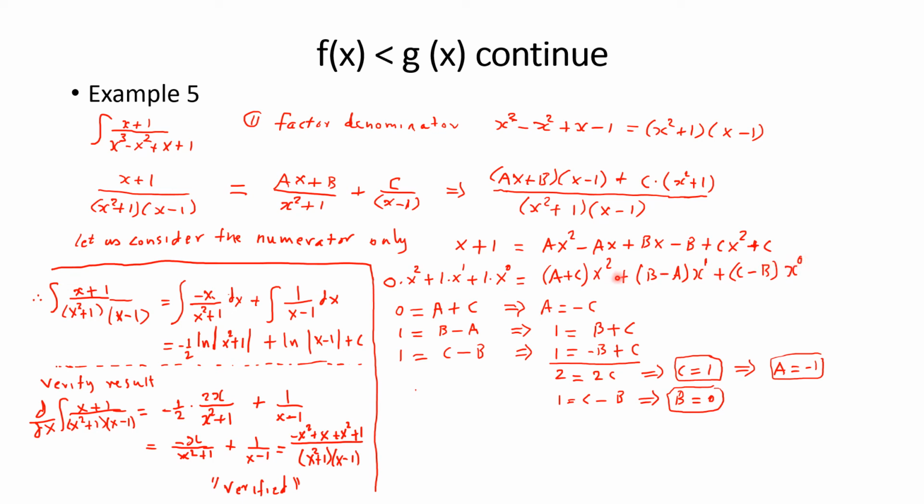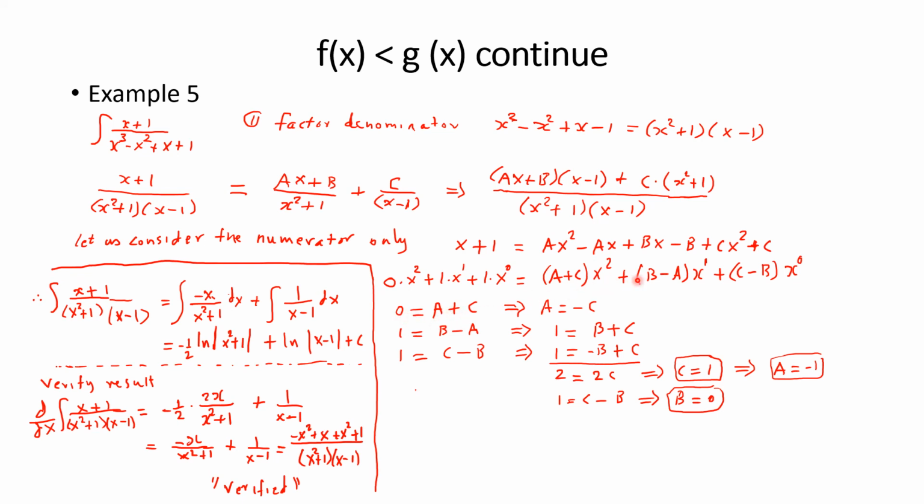Now we can go ahead and read. We said 0 equal to a plus c. Why? Because a plus c is multiplied by x squared, but on the left x squared is multiplied by 0. So the coefficient of x squared on the left is 0. The coefficient of x squared on the right is a plus c, so 0 equals a plus c.